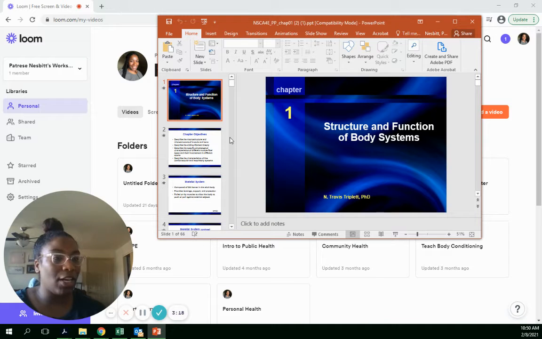It's ideal for you to learn the cardiac cycle, especially when you're dealing with clients or students who might be taking medication, who might have a cardiovascular issue, or in terms of testing and measuring, it's good to know the cardiac cycle from a cardiac output standpoint. So definitely take time to check out your book on page 13 and really review the cardiac cycle as well as the respiratory system and the process of breathing.